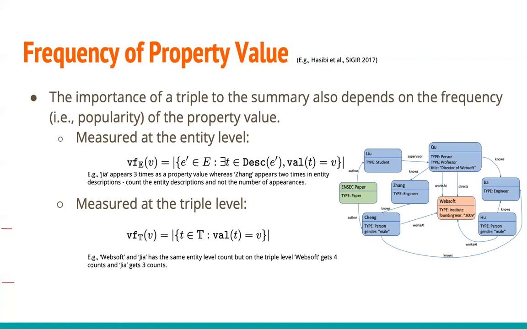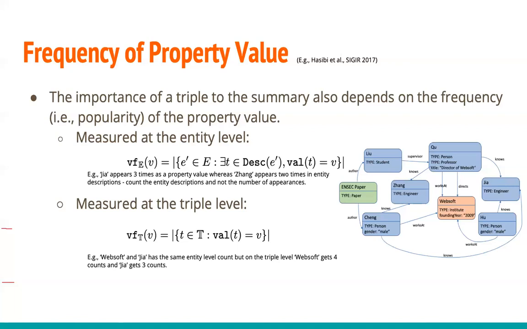So that's why WebSoft gets number 4 if we count using the triple level, but Jia gets 3. So if we use the triple level, WebSoft can be ranked higher than Jia because we count 4 different triples. So this is how to compute property and value frequency.